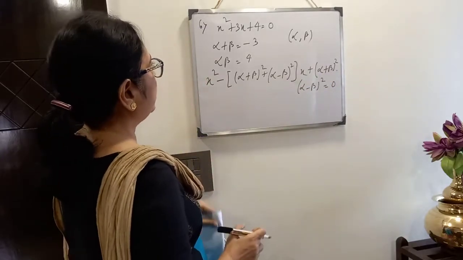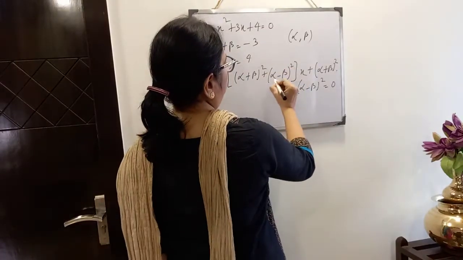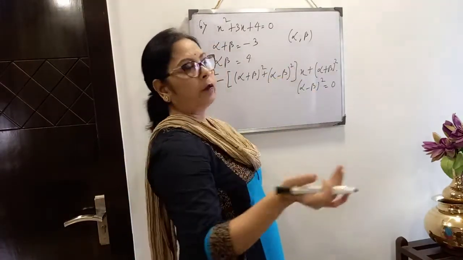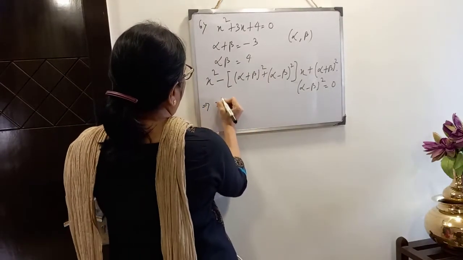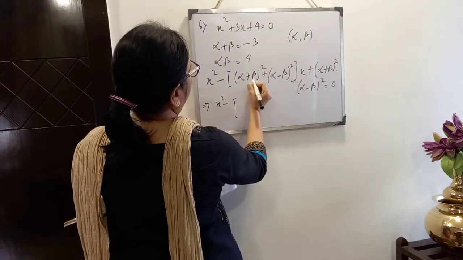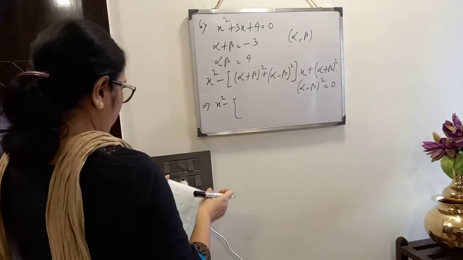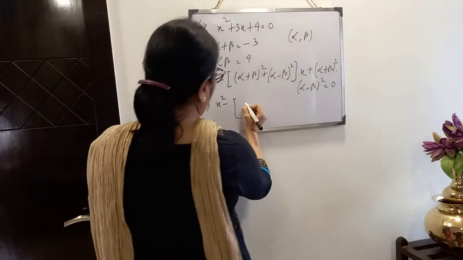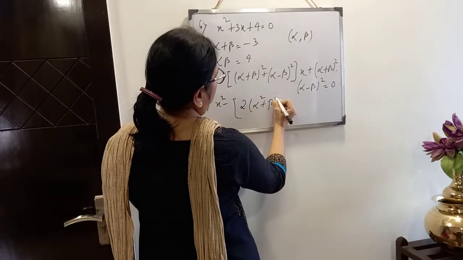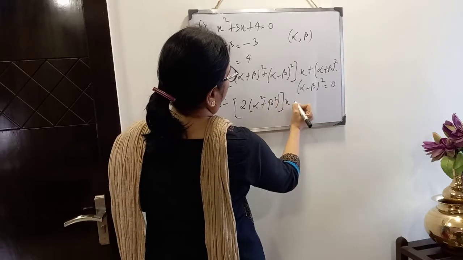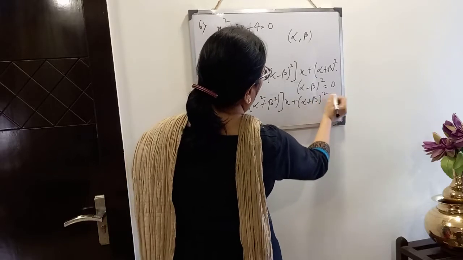Now you see, in one sum I have told you that if there will be minus, then you will convert it to plus. Clear? Now first I will apply that formula. A plus b whole square plus a minus b whole square equals, all of you know now, 2 into a square plus b square, means 2 into alpha square plus beta square into x, plus alpha plus beta whole square.